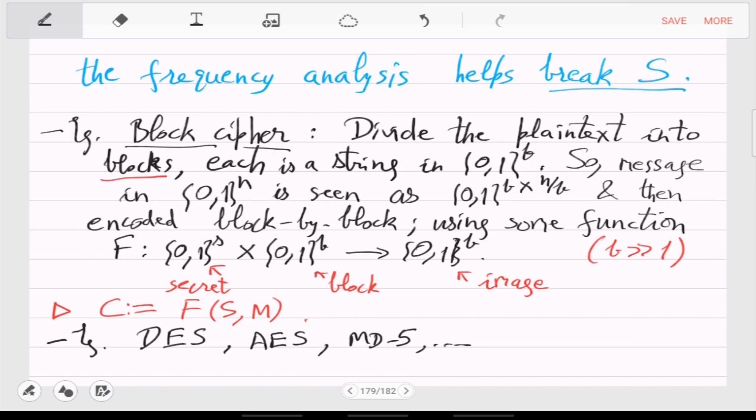It's too long to describe here, so I'll skip it. These are all algebraic. So they basically work in finite fields. They will add, they will multiply, they will divide, they will multiply by matrices, apply matrix transformations, and so on. And there are many levels. So after 10 levels of these complicated things, you get the C.